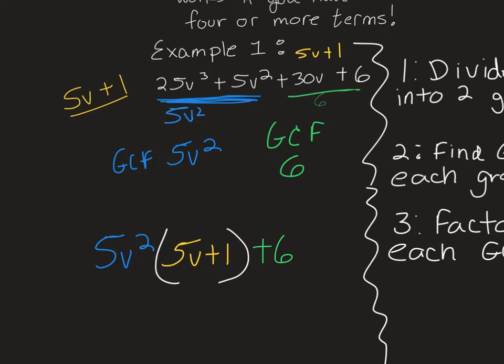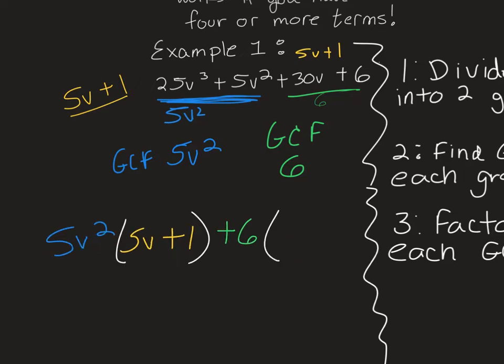So it's out there to the side. I need to fill in the parentheses. And then inside of those parentheses will be, again, for lack of a better term, the leftover. What was left out of that green group after you factored out the 6. So in this case, that would also be a 5v plus 1.